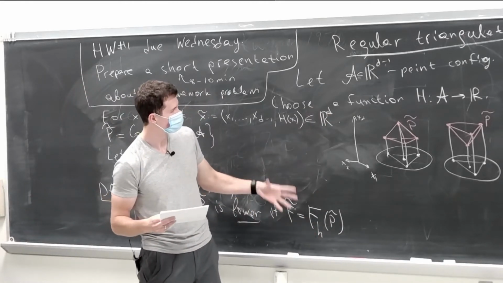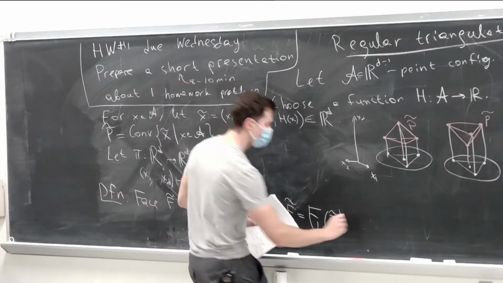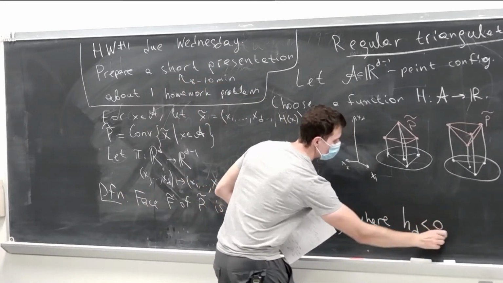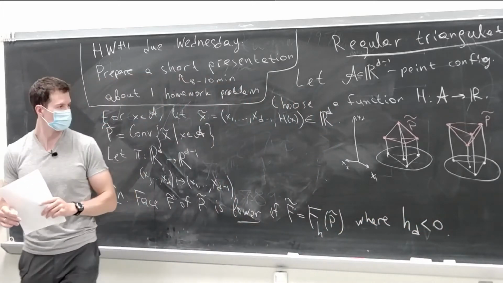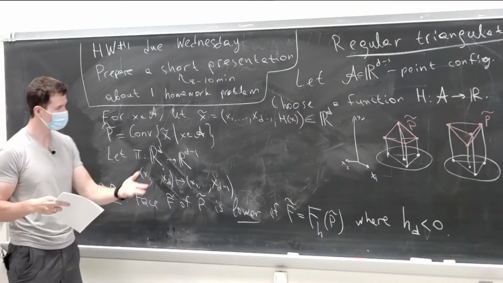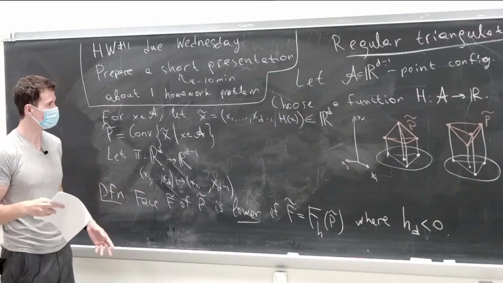To make this a lower face, I want h where h sub d is strictly less than 0. That's my definition, but I think it's the same as your condition.